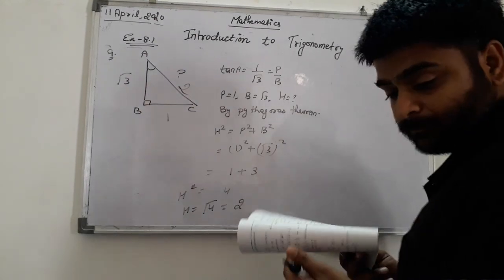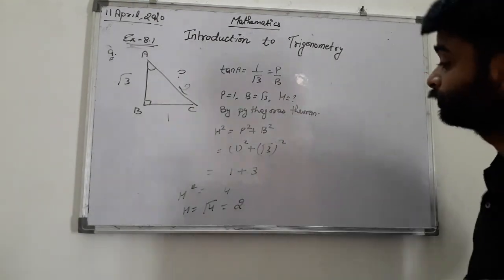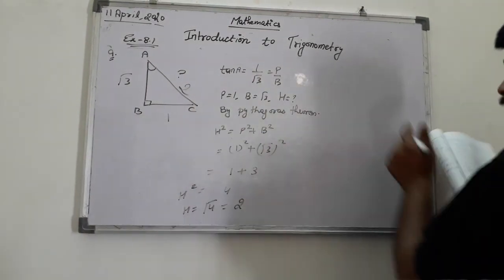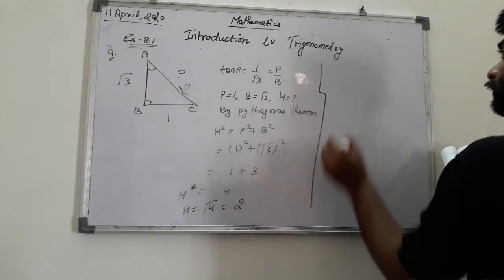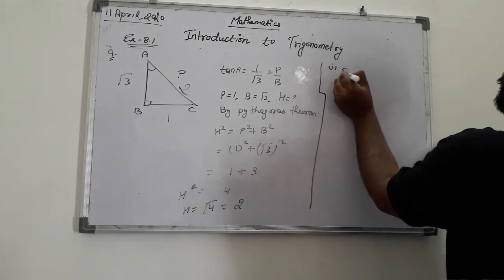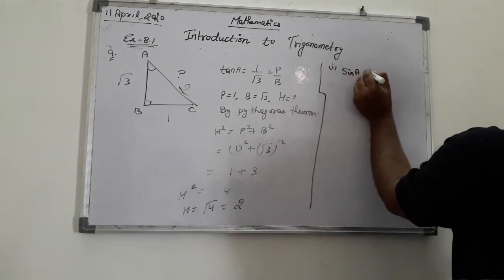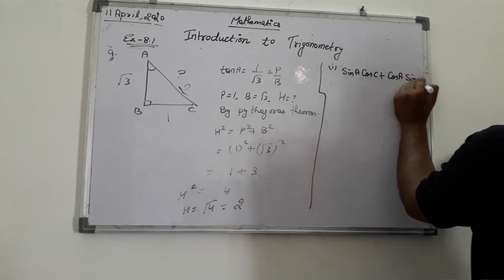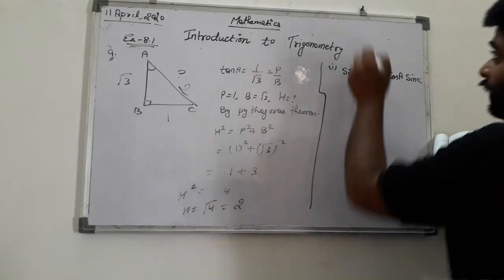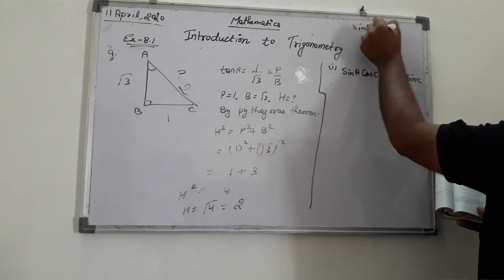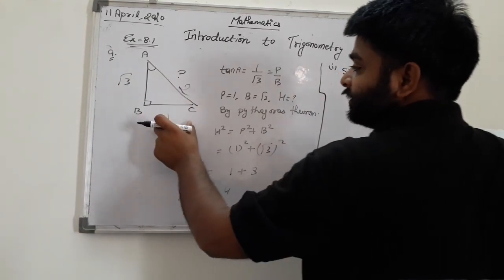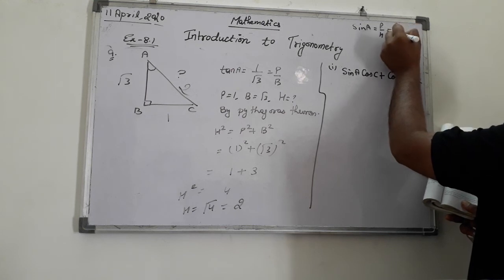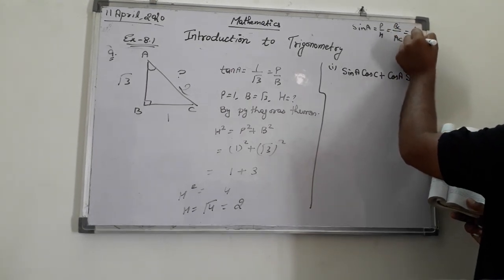Now what is the demand of the question? I am solving here. First demand is sin A cos C plus cos A sin C. So class, here is angle A. For sin A, if angle A is this, then the perpendicular P upon H is BC upon AC, so 1 upon 2.